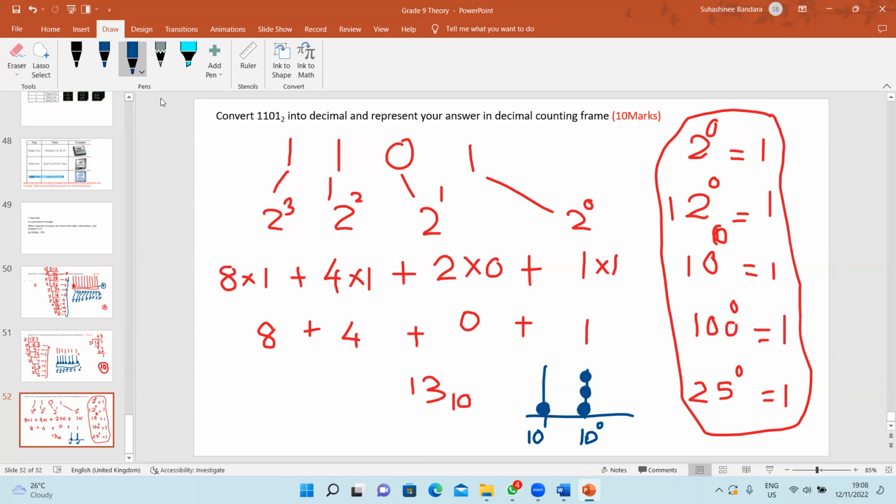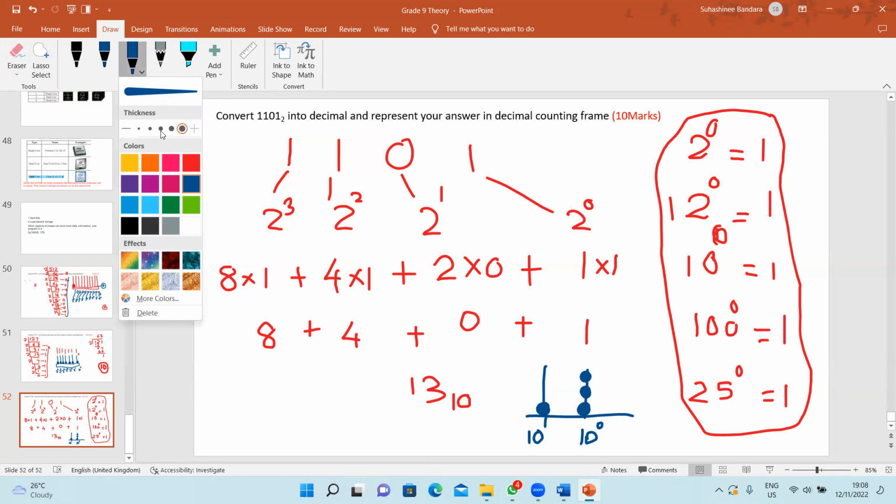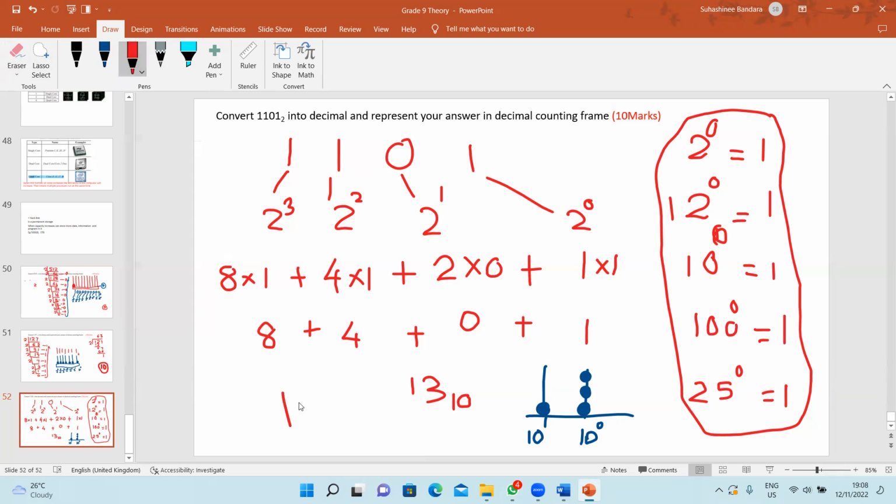So if everything is correct, you will get 10 marks. 5 for the counting frame and 5 for the calculation. Everyone send me your marks. How much? 5. 10. Others send me the marks.